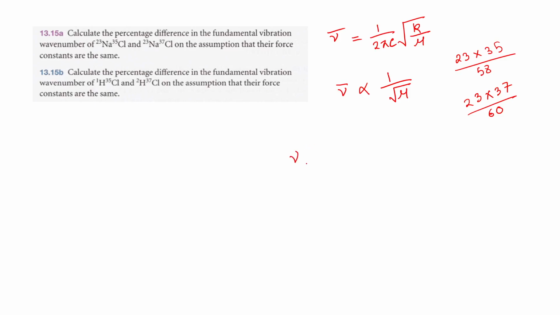So nu bar of 23 sodium 35 chlorine divided by nu bar of 23 sodium 37 chlorine. This is going to be on the numerator on the right hand side, because it is inversely proportional.